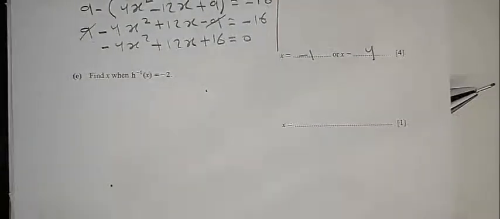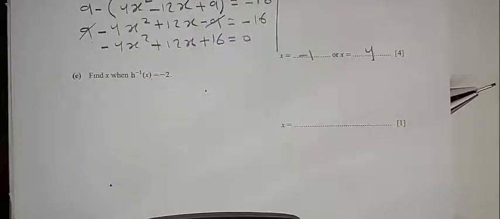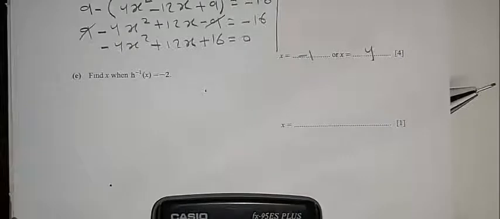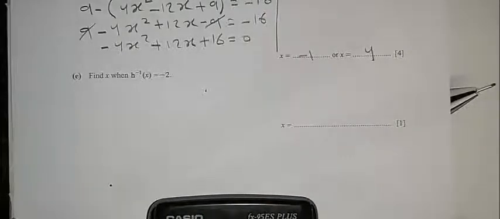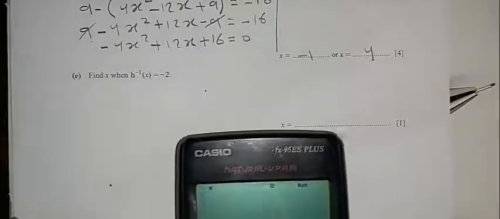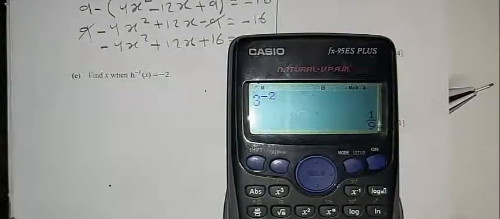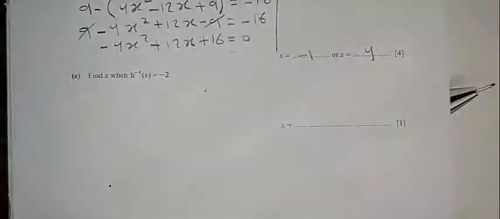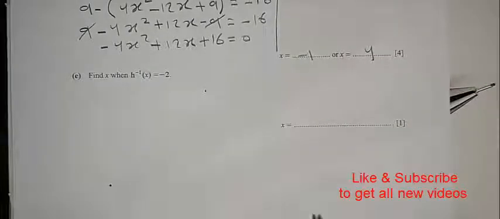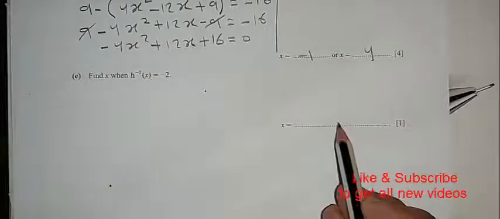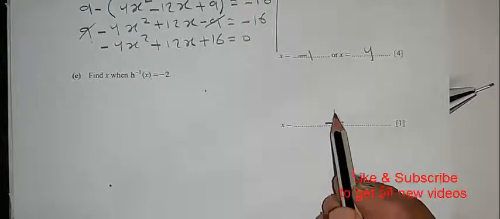So we can replace this x by negative 2: 3 to the power negative 2 is 1 over 9. So the value required is 1 over 9.